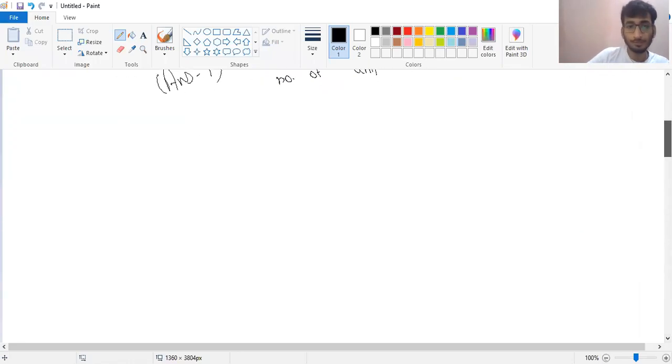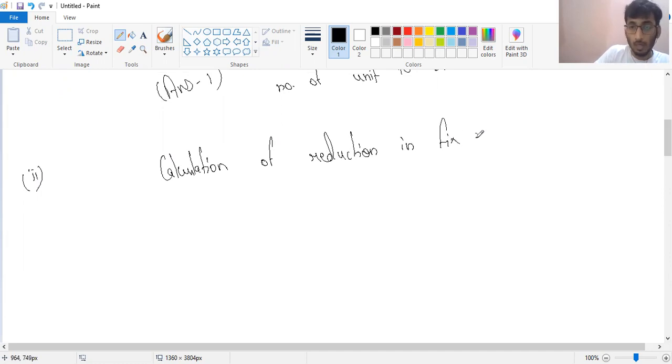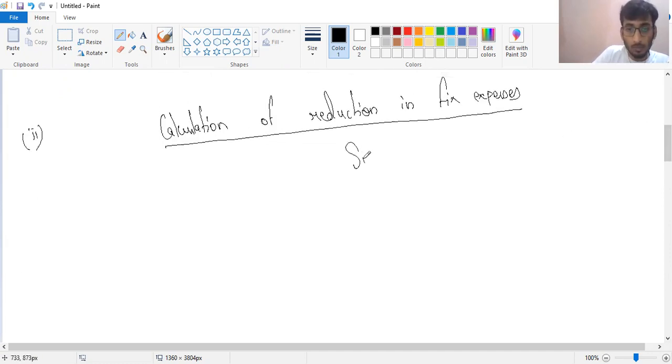Okay, so let's see point number two, calculation of reduction in fixed expenses. See, some of the details are given to us for splash and flash.